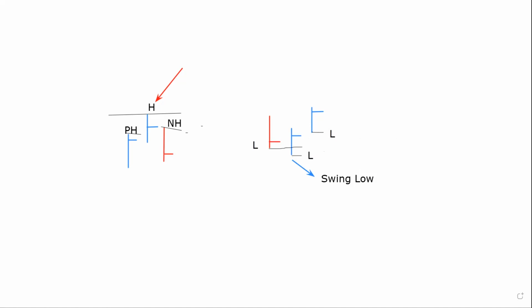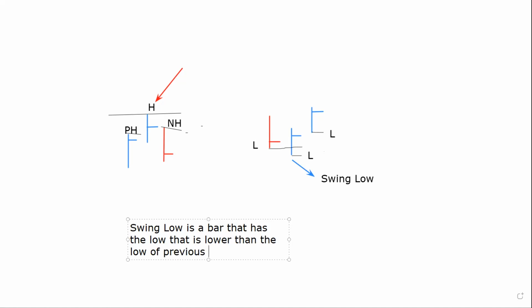So if I have to define it, a swing low is a bar that has a low lower than the low of the previous bar and the low of the next bar.